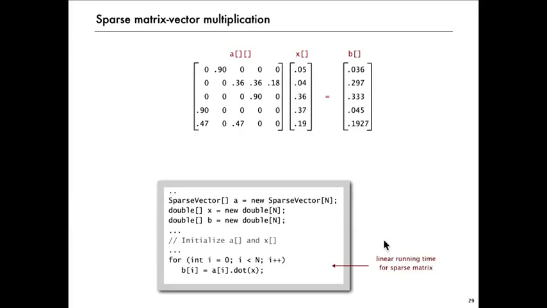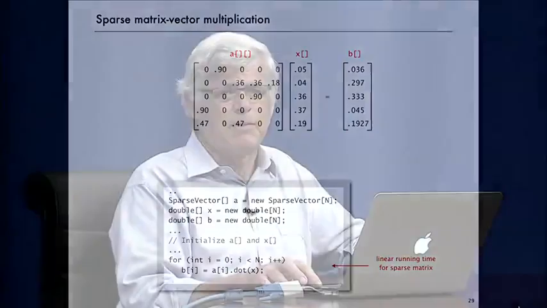And this clearly can make the difference between being able to address a huge problem. If we have a 10,000 by 10,000 matrix, we can get it done nearly instantly in linear time versus 10,000 squared. If we don't run out of space, we might run out of time. But with the symbol table implementation, we can efficiently process huge sparse matrices.